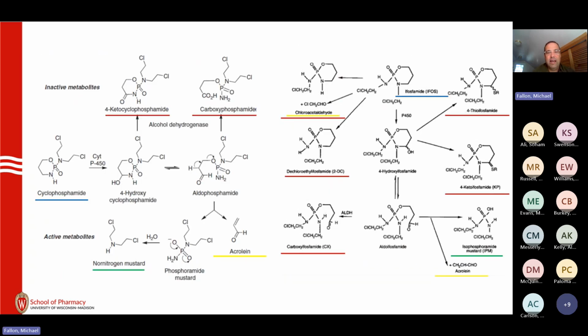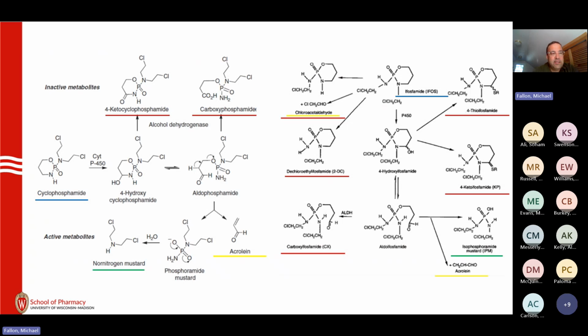And just to hammer home the point on why ifosfamide is a challenge, we generally give 5 times the dose of ifosfamide versus cyclophosphamide because 5 times is needed to get to the same level of active metabolite in treating the cancer.